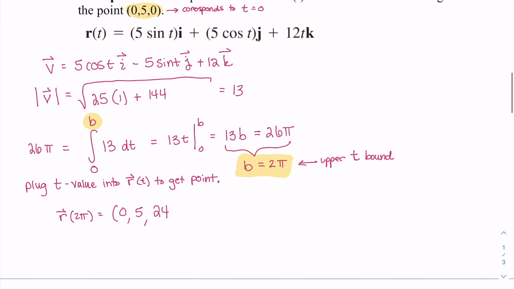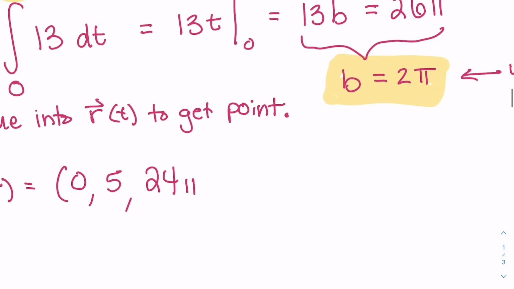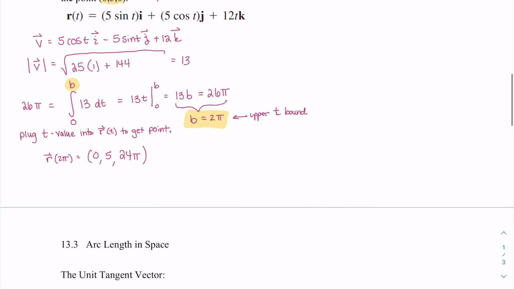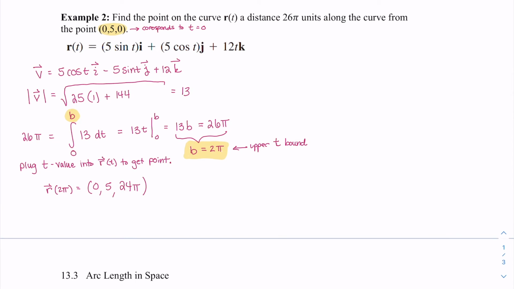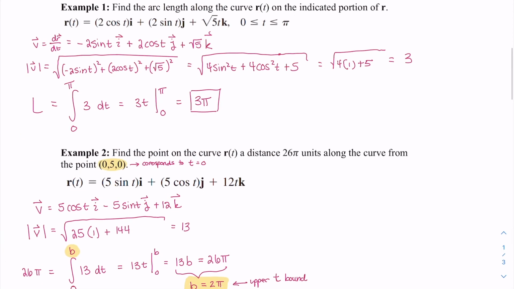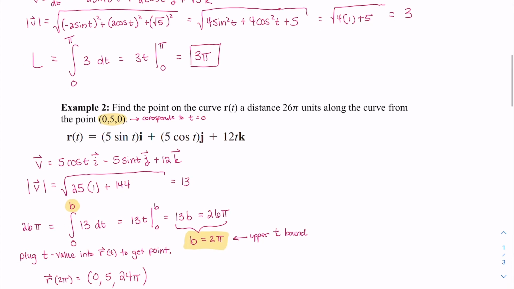Let me zoom in. And so now we've found the point exactly 26 pi units away along this specific curve from an initial point 0, 5, 0. So you can use the arc length formula both in example 1, the forwards direction where you're trying to find arc length, or in example 2, the backwards direction where you're given arc length and you're trying to tease out what the final point is.